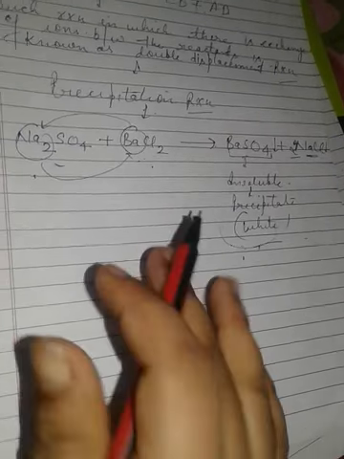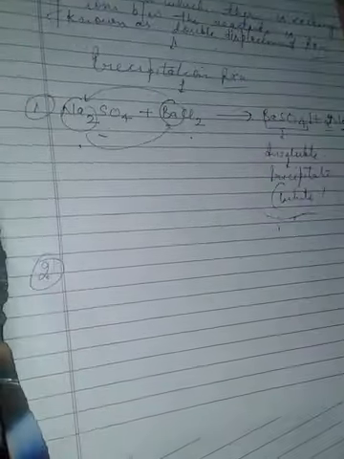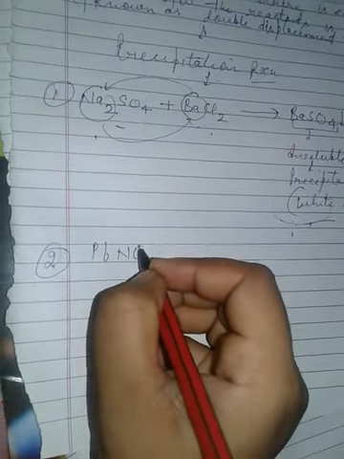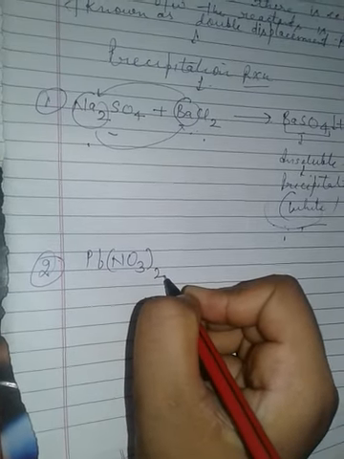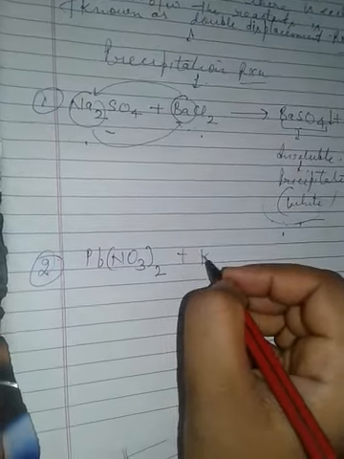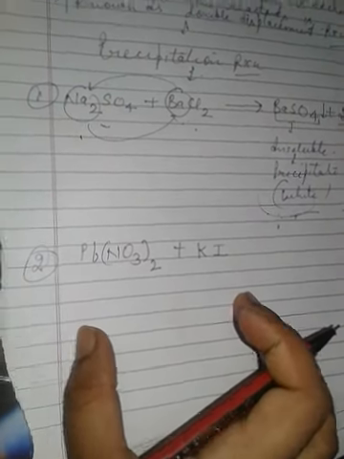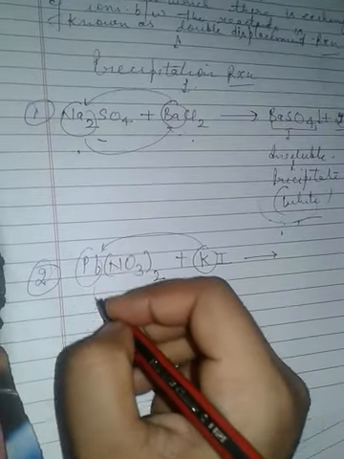One more example we have to cover. This was the first example. One more example of a double displacement reaction is lead nitrate. If we mix lead nitrate with potassium iodide, two solutions, what will happen? This will come over there and this will go over there.